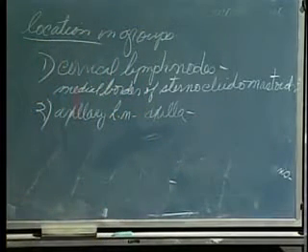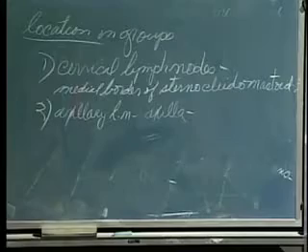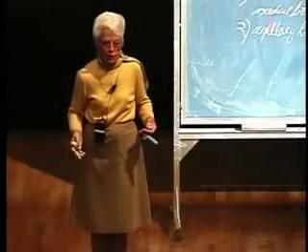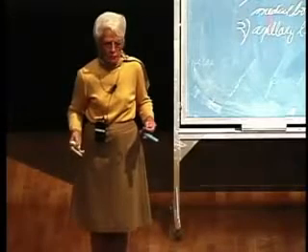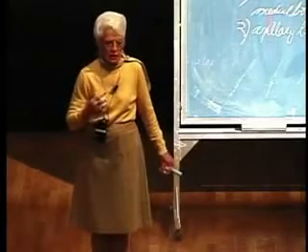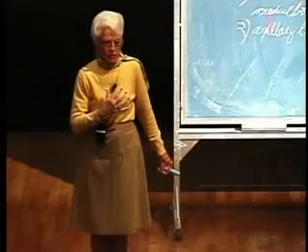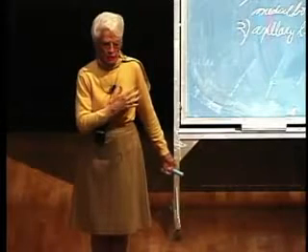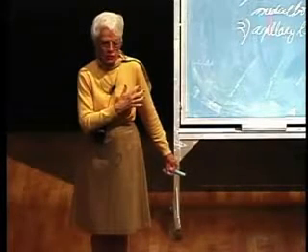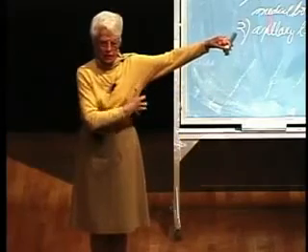Because it's important that women know their axillary lymph nodes well. Because with breast cancer, the cancer cells will travel from the breast into the lymph nodes, and the first ones it's going to encounter are the axillary lymph nodes.